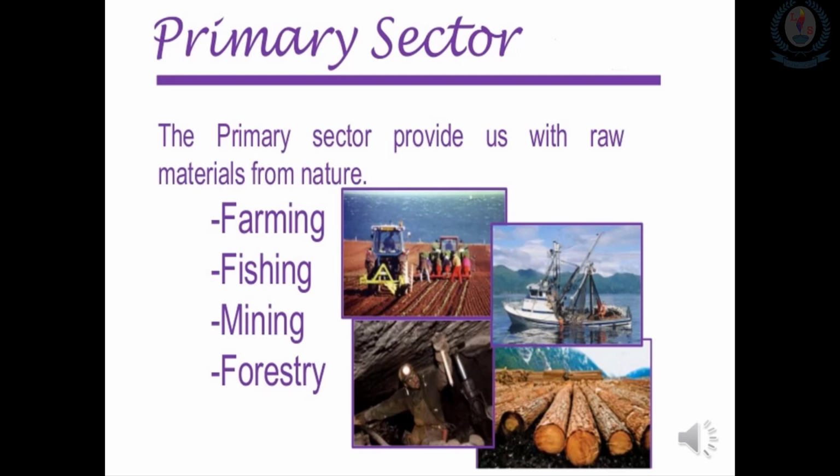For example, farming, fishing, mining, and forestry. Agriculture involves a range of farming activities. It is probably the most important primary sector activity for most countries. Most agriculture is concerned with food production.